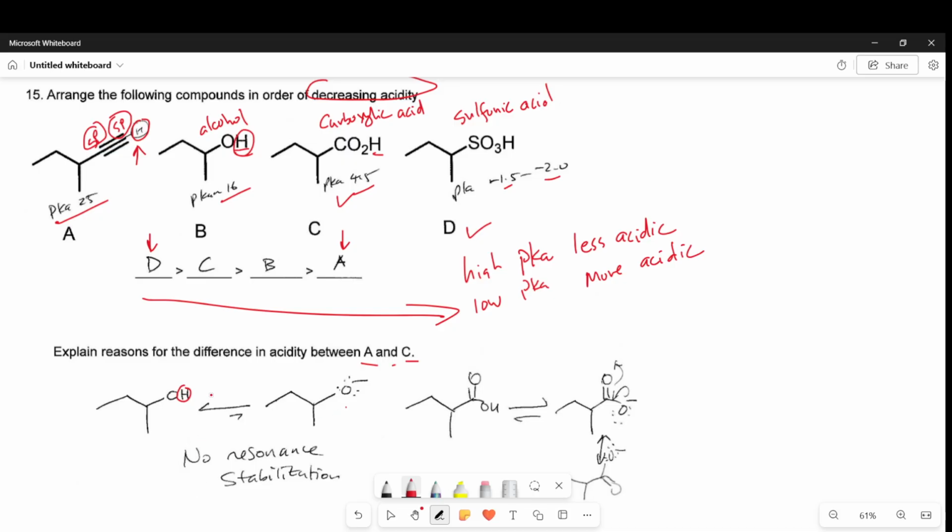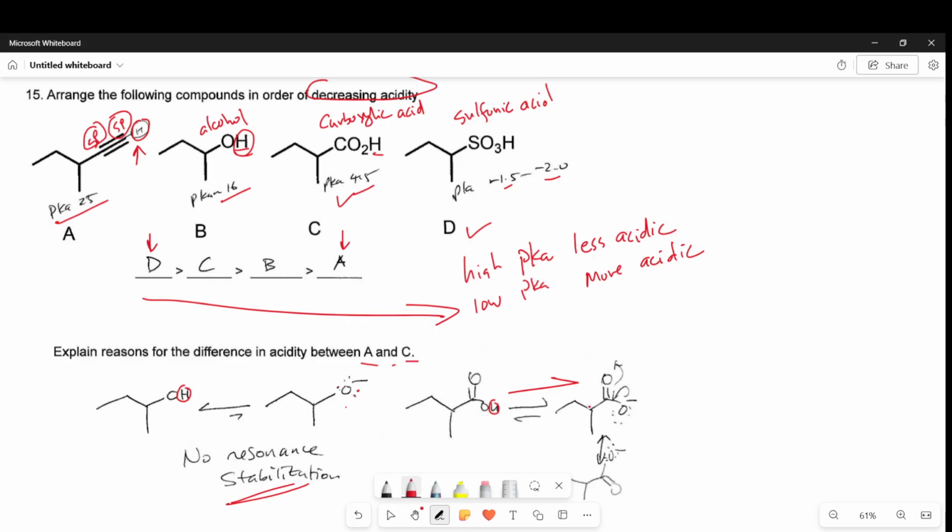If it was more acidic, the equilibrium is shifted mostly to this, but it doesn't like to give that H. But this H is easily donated and you can have this structure. So what is the difference? This alkoxide, negative charge, these electrons cannot be resonance stabilized. No resonance for this.